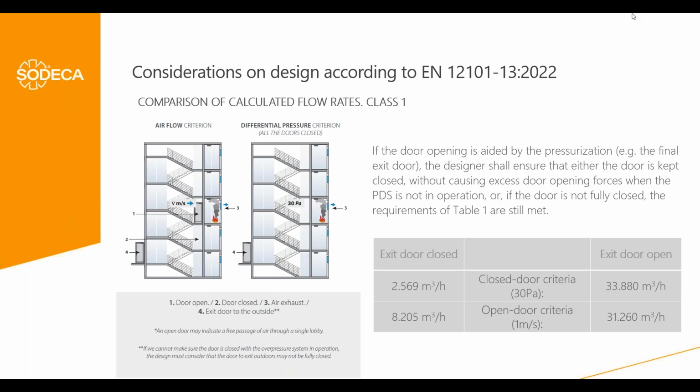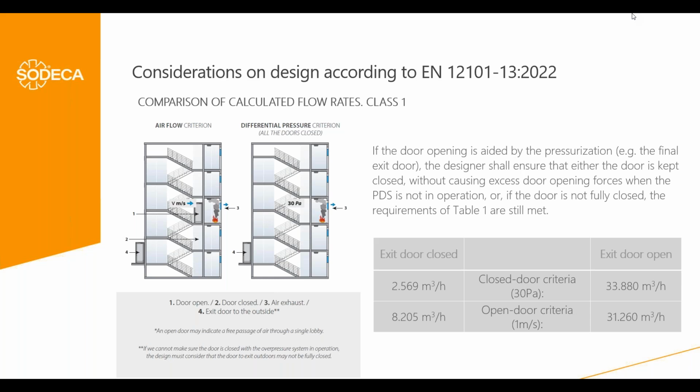So the system, if you remember, the flows will be quite similar to a class A system of the old part 6. Typically we will have this type of airflows around 8,000, 7, 8, maximum 10,000 cubic meters per hour. But on the other hand, if we consider the exit door to be fully open, that would be the safer consideration, that the self-closing mechanism or the overpressure maintains the door fully open.